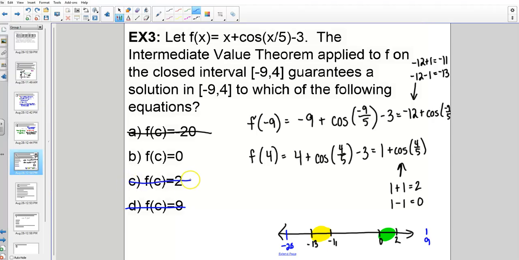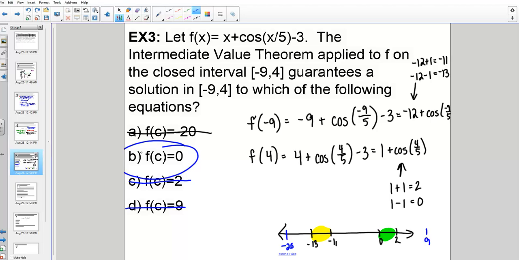Same thing for the 0. It's not going to actually be 0 because for you to get 0 here, it would have to be like 0 or pi, and it's not. So it's going to be a little bit bigger than 0. So you've got a number down here and a number up here. 0 is going to have to be between it. 2 is not necessarily, so it would be B.